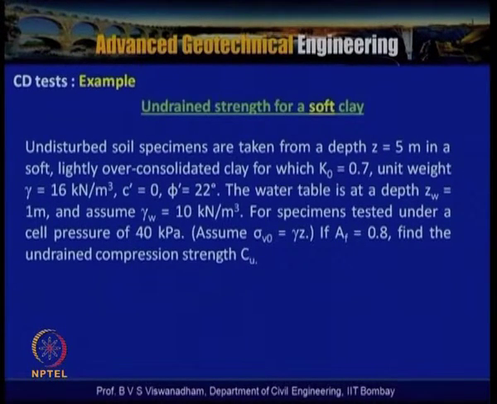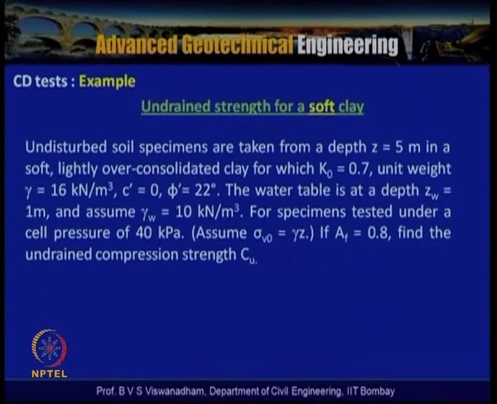Undisturbed soil specimens are taken from a depth z equal to 5 meters in a soft lightly over consolidated clay for which K naught is equal to 0.7, and the unit weight of the soil is 16 kilonewton per meter cube, and C' is equal to 0, phi' is equal to 22 degrees, and the water table is at depth ZW equal to 1 meter, and assume that gamma W is equal to 10 kilonewton per meter cube.